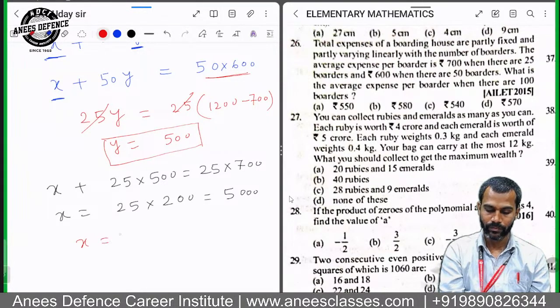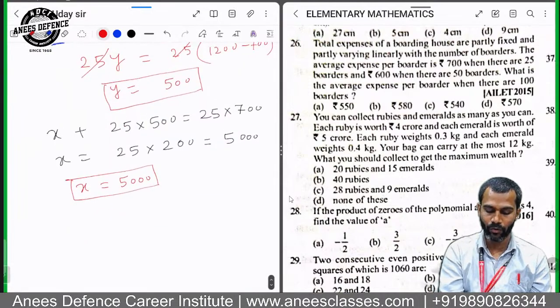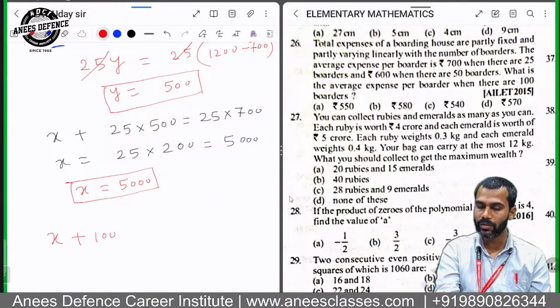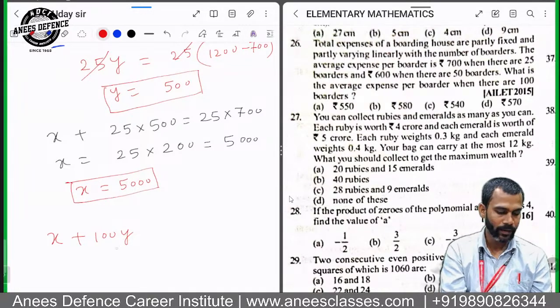Now we need to find out the total expense, and then we need to find out the average. So we need to find out the value of x plus 100y, because 100 borders. So 100 into y divided by 100 we need to find out.